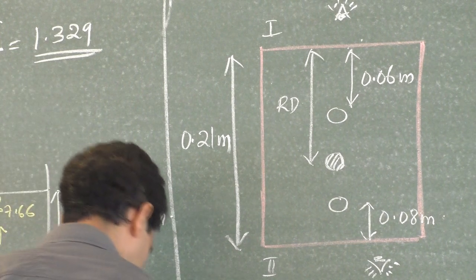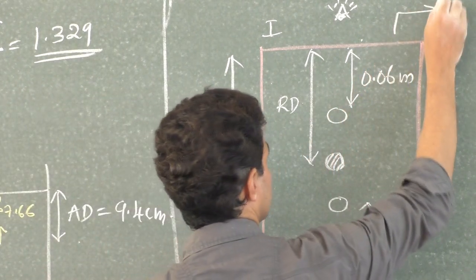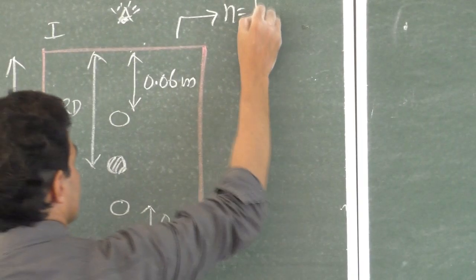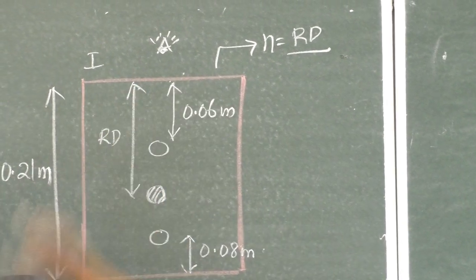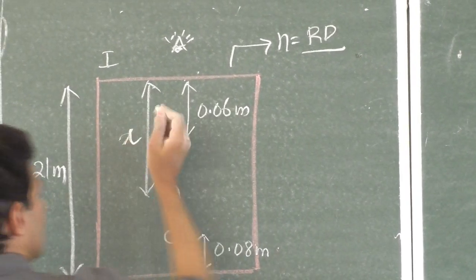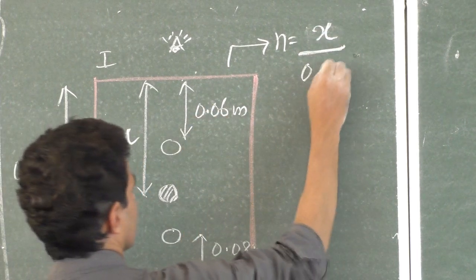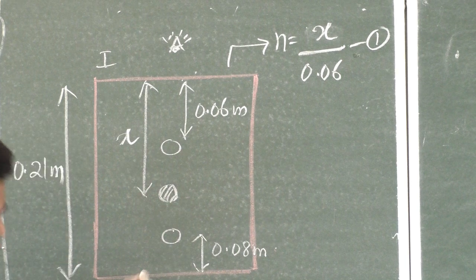Okay, n is common, so we will write the formula from this face. N, the refractive index, is real depth, which I will take as X, divided by apparent depth, 0.06. I will take it as equation 1. Now what is the real depth from the second face?